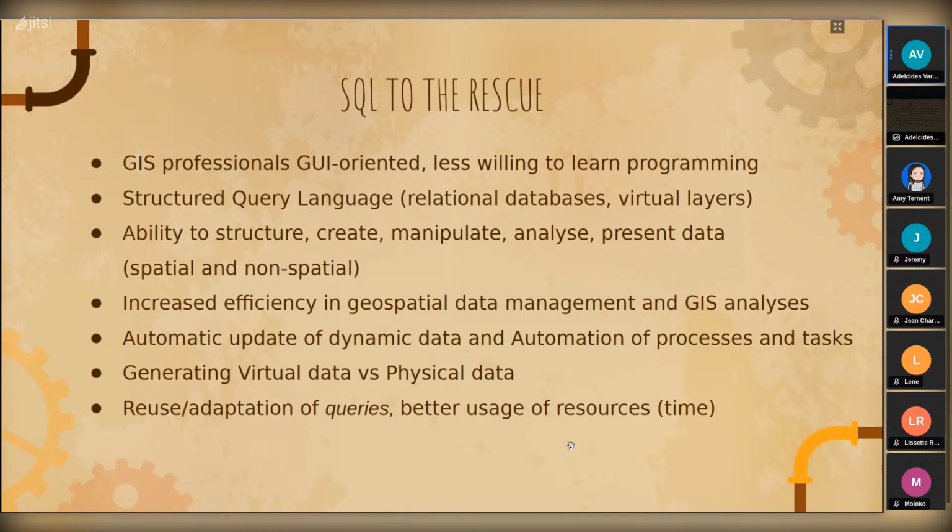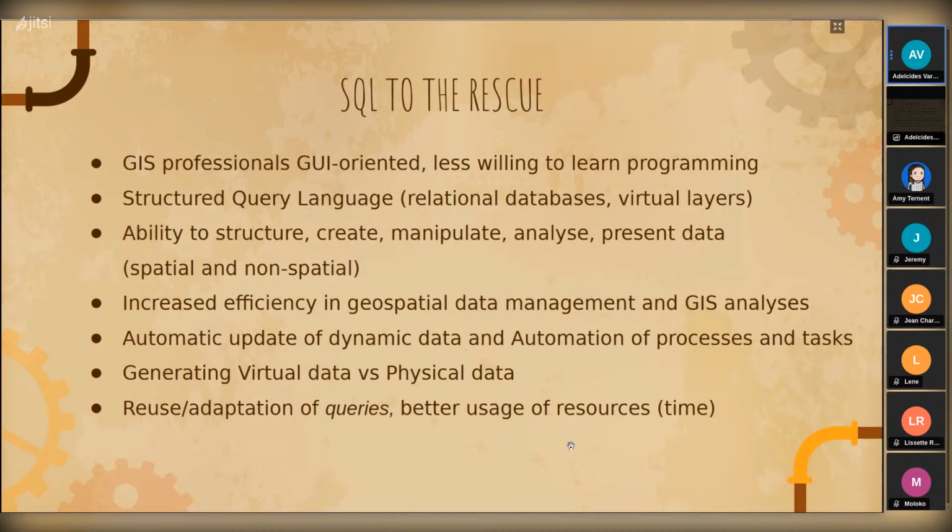I would say a middle ground would be SQL. SQL is structured query language, usually applied to relational databases, but in our particular case, we're not working with a database, we're working with file-based, vector-based datasets. But QGIS implemented many years ago the functionality of virtual layers.